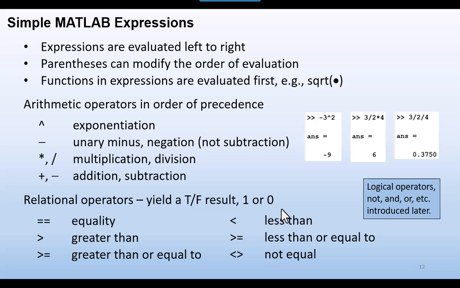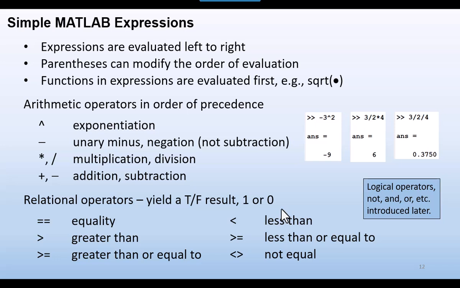So getting on to MATLAB expressions, things here are fairly conventional. Expressions are evaluated left to right. You can modify that priority by enclosing parts of expressions in parentheses. And functions and expressions are evaluated first, like that sqrt for square root is evaluated before anything else in the expression.